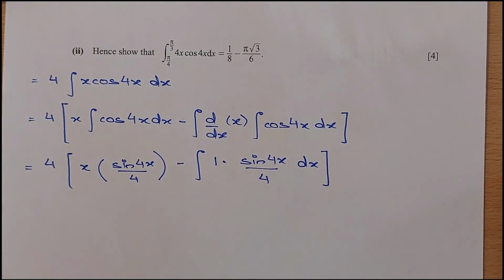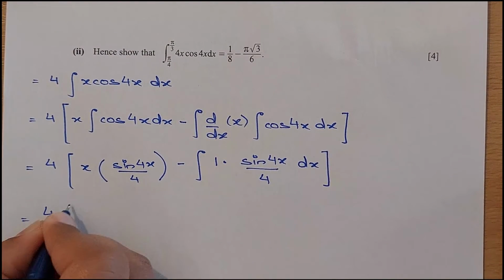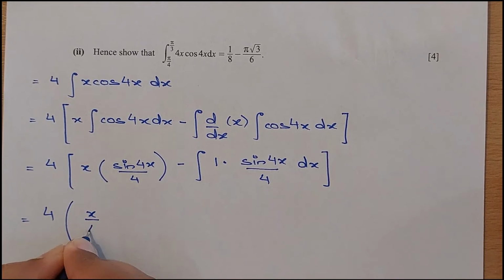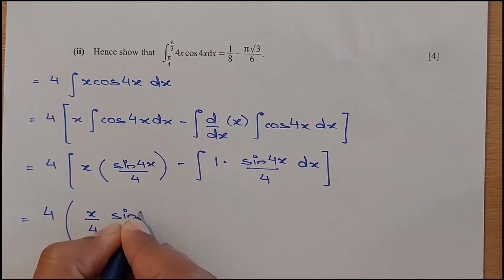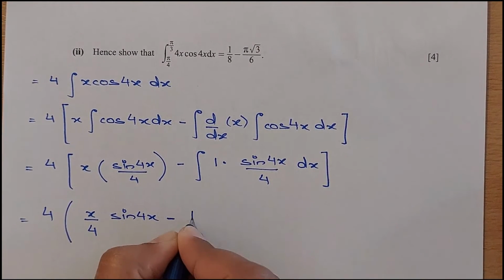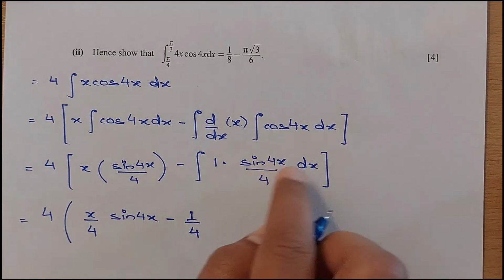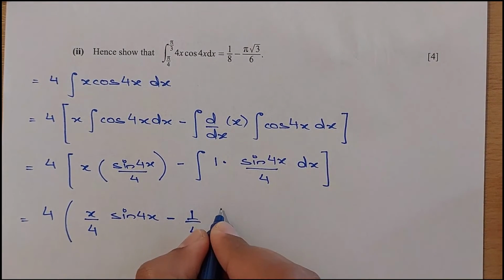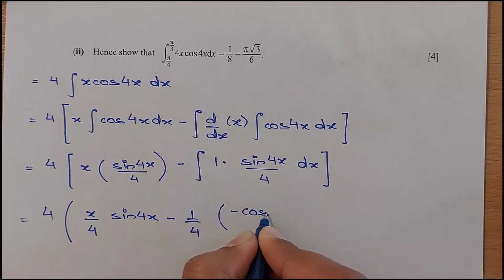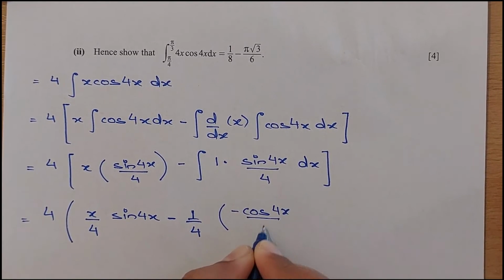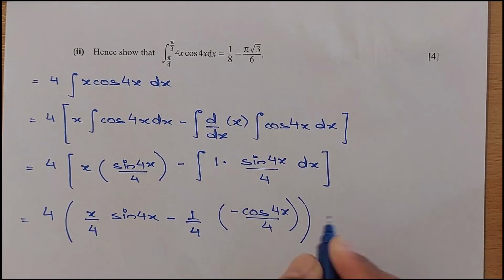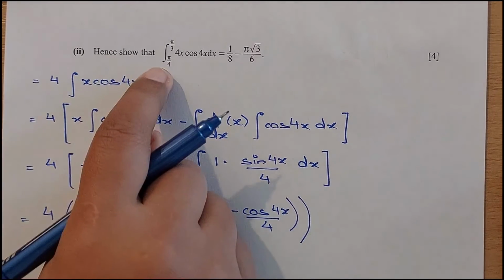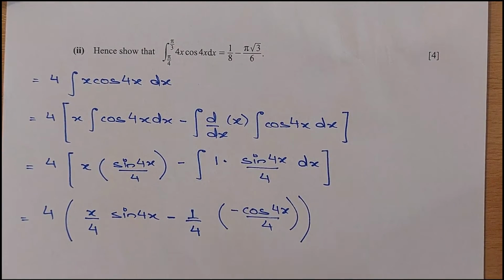Right, okay, so we have 4, here we have x by 4 sine 4x minus 1 by 4 is outside, and the integration of sine is minus cos 4x divided by 4. I'm not adding the constant of integration because I have to use the definite limits.